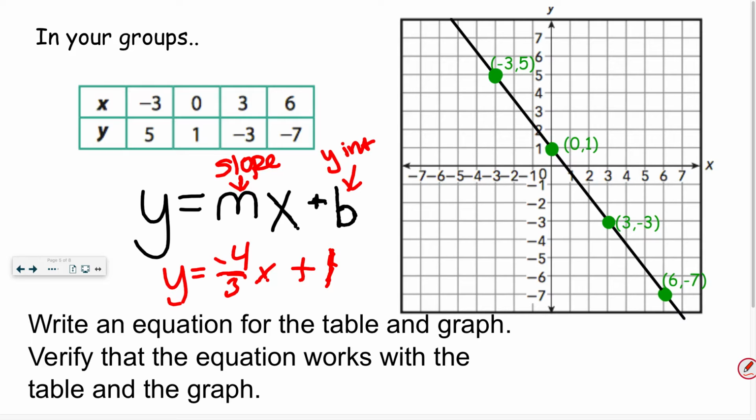What is a y-intercept? Where our line intersects the y-axis, where it crosses over the y-axis.